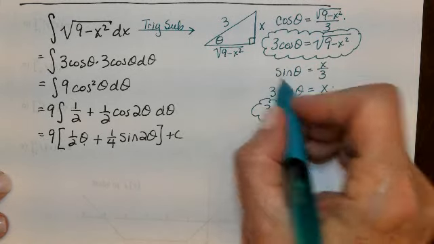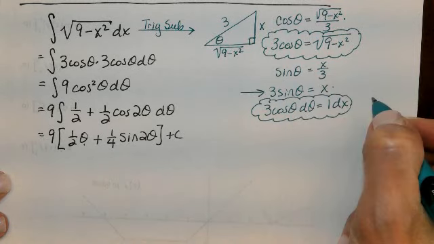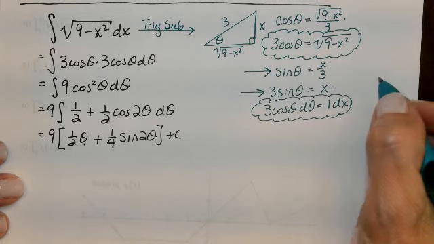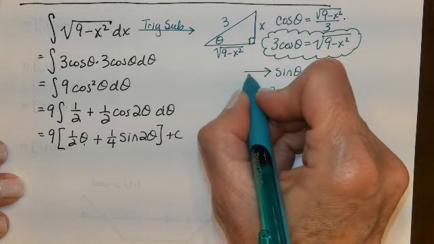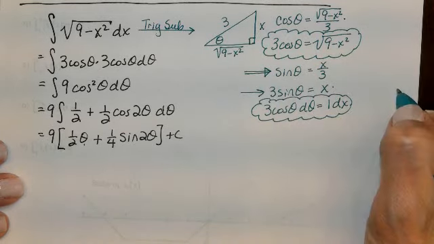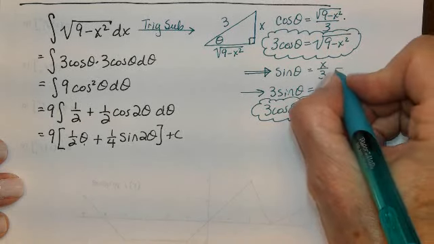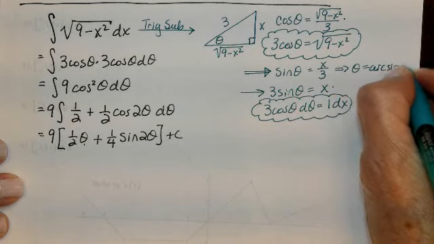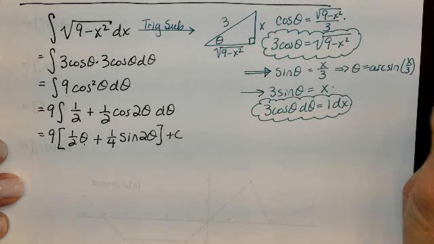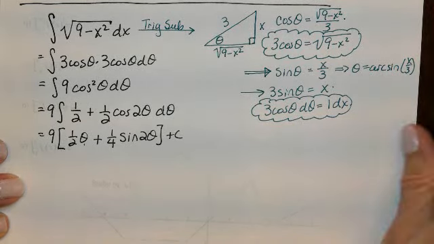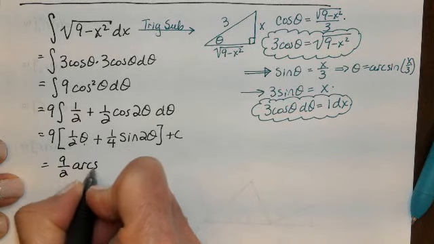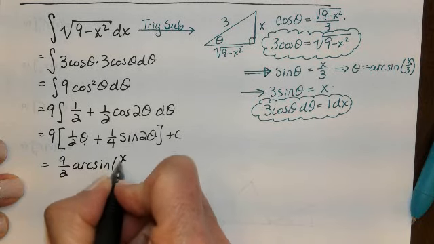So I'm going to go right here to 3 sine theta, and I'm going to solve that for theta. How can we solve that for theta? Theta is equal to arc sine x over 3, right? So this is now 9/2 arc sine x over 3.